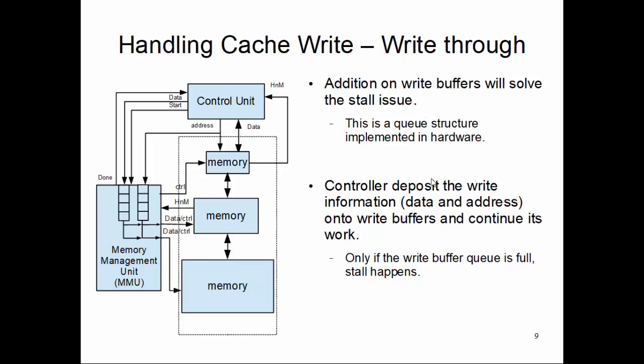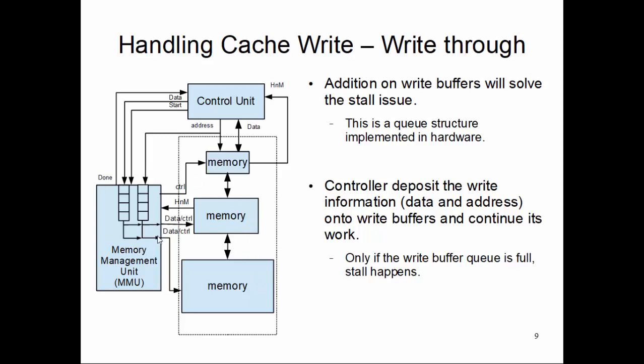With the addition of write buffers into the memory management unit. So the idea is here, let's say I have certain addresses that I need to write some data into, and that incurs a delay because in the write through strategy, that data has to be written into lower level memory.